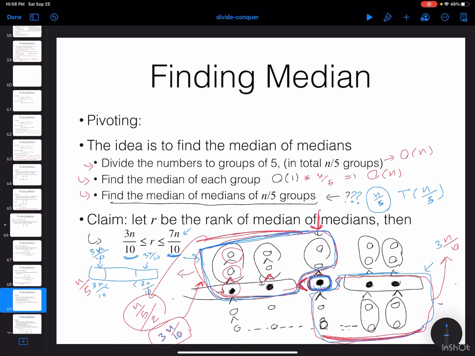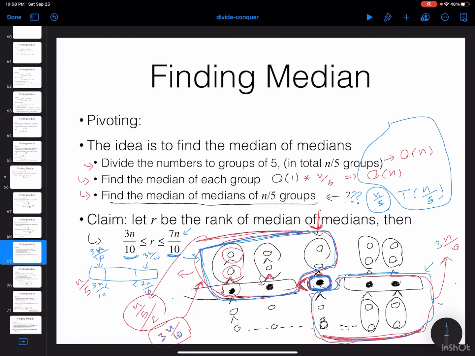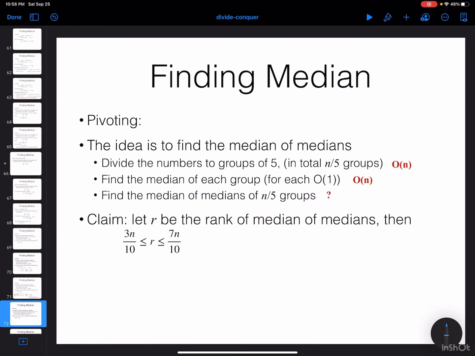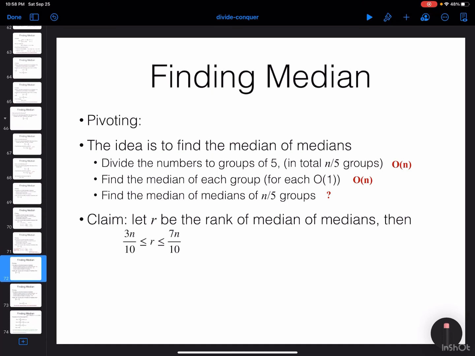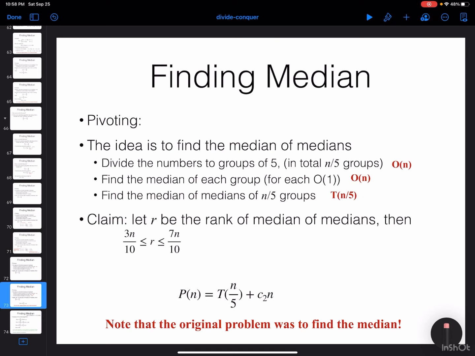Okay, so now let's take all these terms that I have and put them back into the original problem that we had. The cost here is going to be the cost of the pivoting.